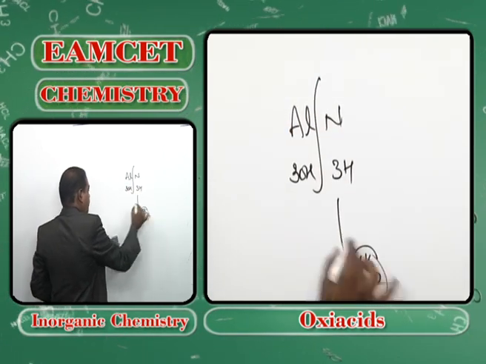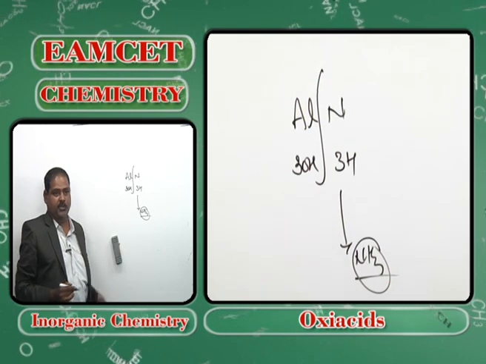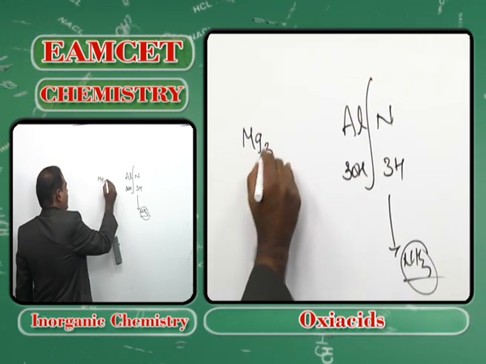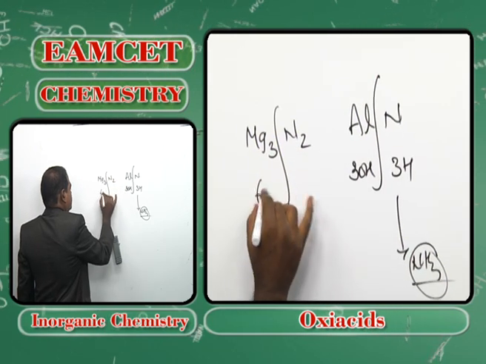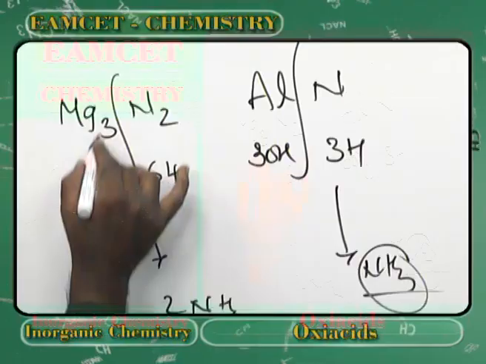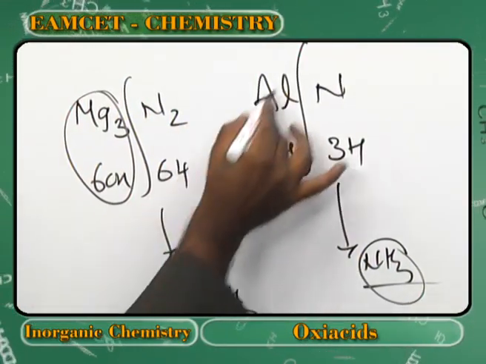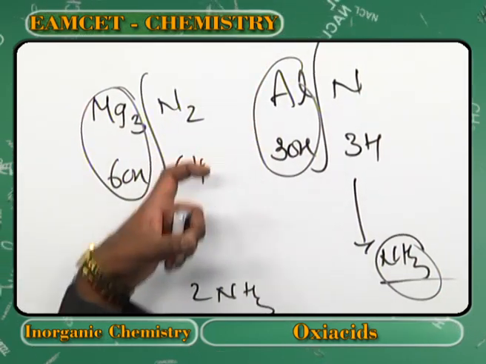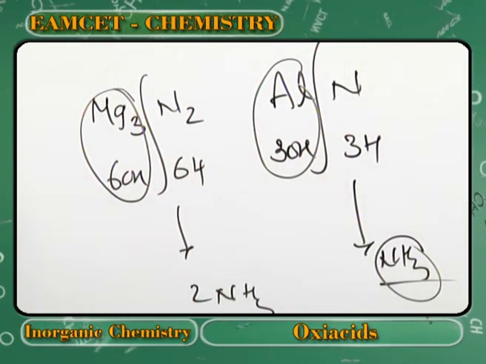Ammonia is said to be one of the byproducts in the Serpex process. Similarly Mg3N2, magnesium nitride: break the bond, 6OH, 6H, you get 2NH3. Of course, magnesium hydroxide, I am not bothered about this, or aluminum hydroxide. I will point out only the chief product, NH3 in both cases, ammonia.